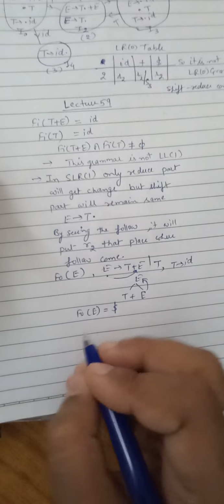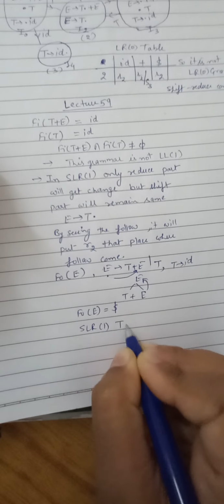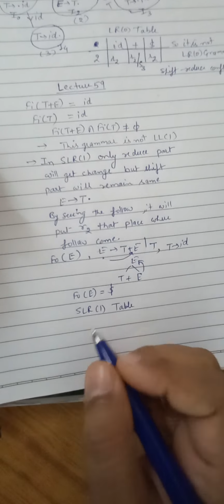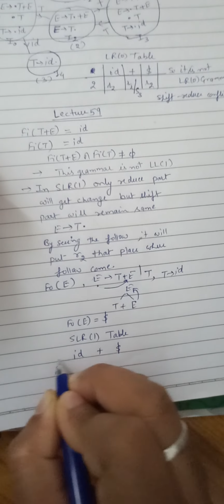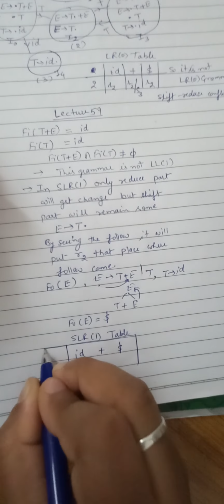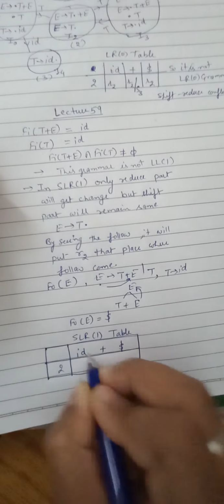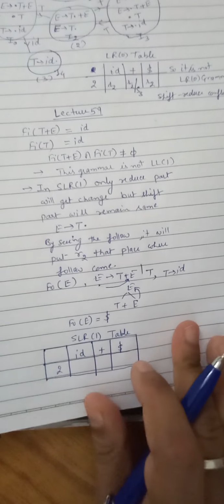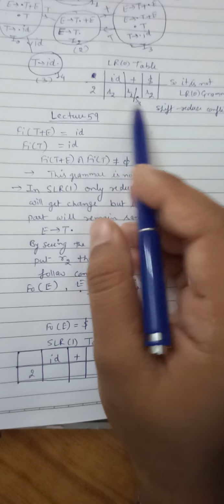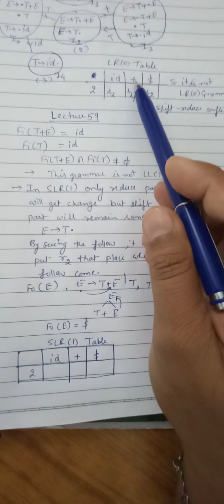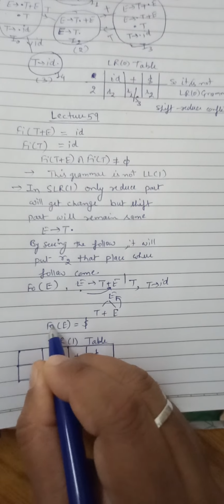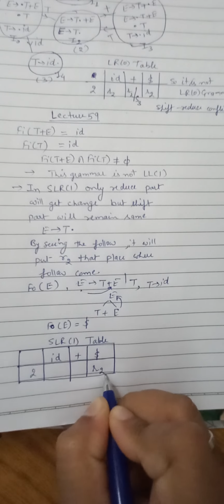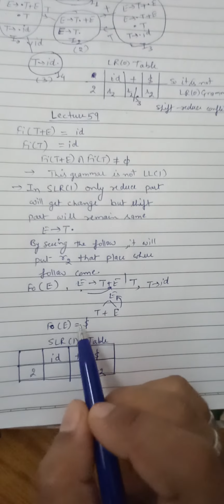So what will the SLR(1) table be? From the second state, similarly, we have the terminals ID, plus, dollar. We are talking about the second state because only in the second state do we have the shift-reduce conflict. As you know, we are only talking about reduction, and the problem arises because of plus and dollar, because this is the follow. So we will put the reduction in dollar, because the follow of E is dollar.